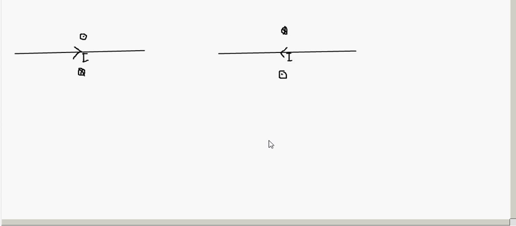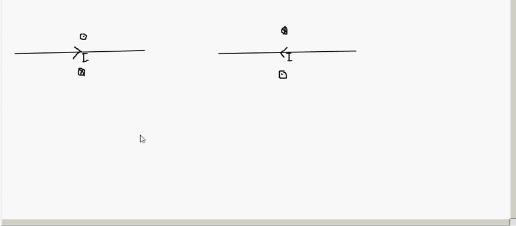Dot means outward, or out of the page, and cross means into the page.